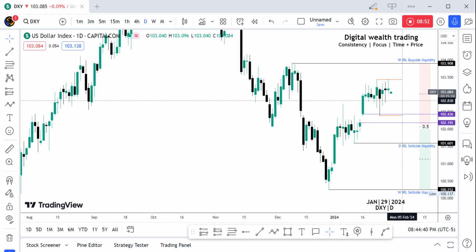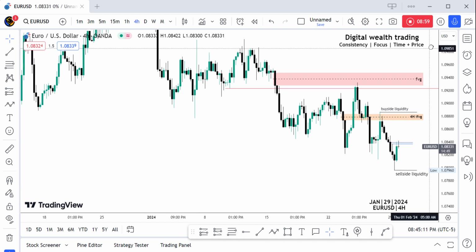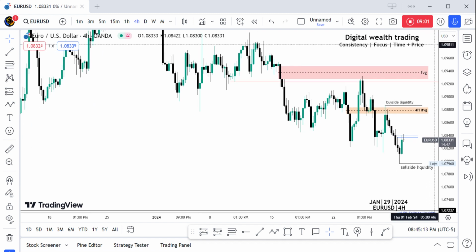Okay, that being said, let's go to the 4 hourly contract on euro dollar. The euro US dollar 4 hourly contract shows nicely the price delivery for today's trading range.